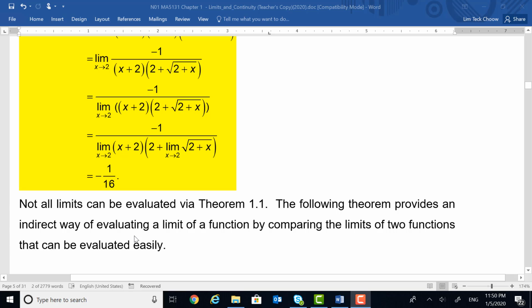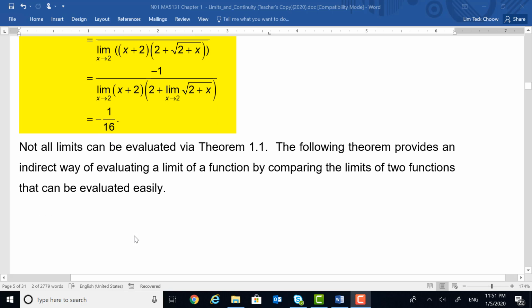Up to here we have evaluated different limits using some of the methods. Some are quite easy and some make use of Theorem 1.1, and then we have the use of factorization, and we also have the use of conjugates. Following this, we are going to learn more powerful techniques to evaluate limits.